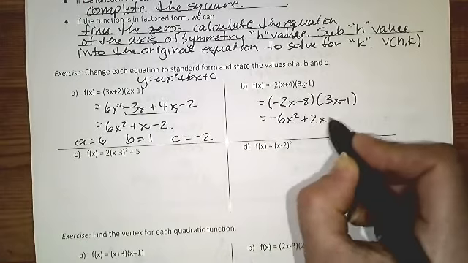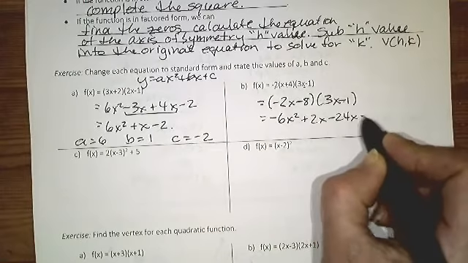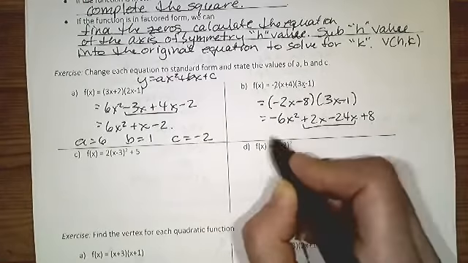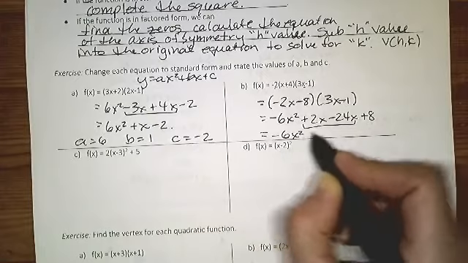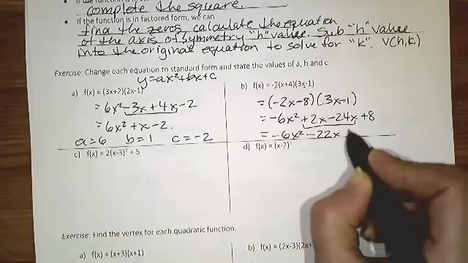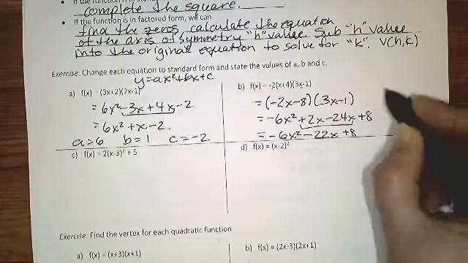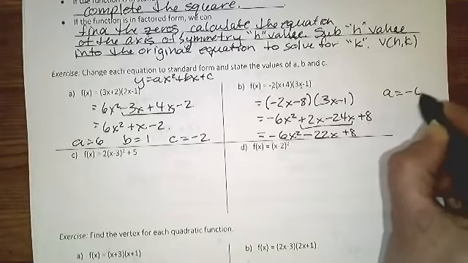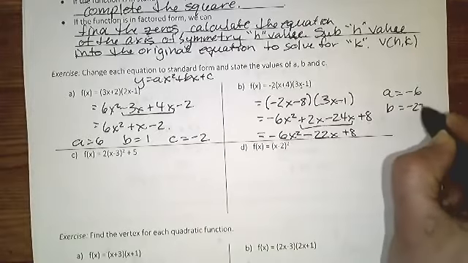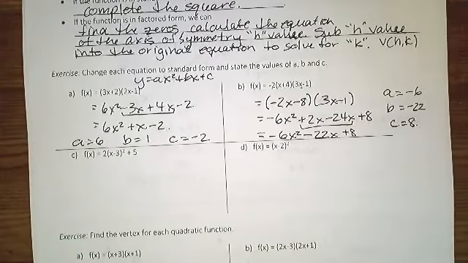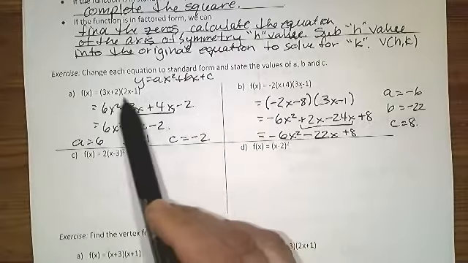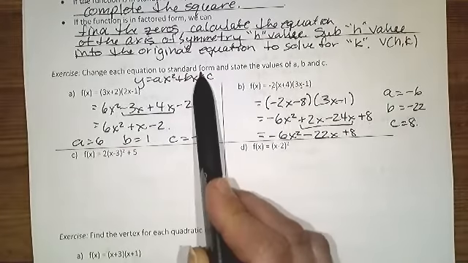Add 2x, subtract 24x, add 8, collect our like terms: -6x squared, subtract 22x, add 8. I'll just do this on the side. A is equal to -6, B is equal to -22, and C is equal to 8. So that is going from factored form to our standard form.